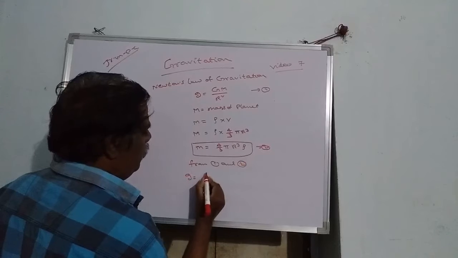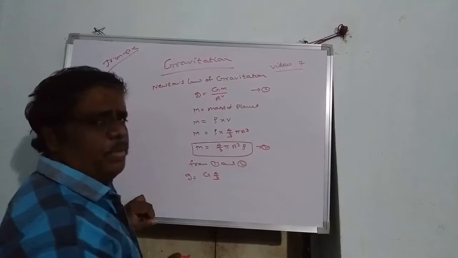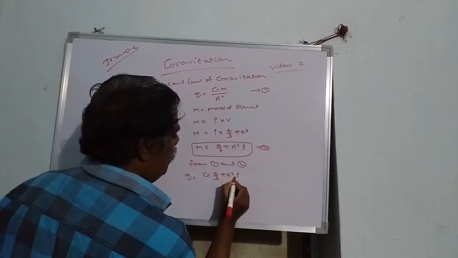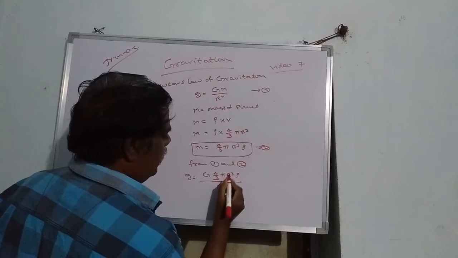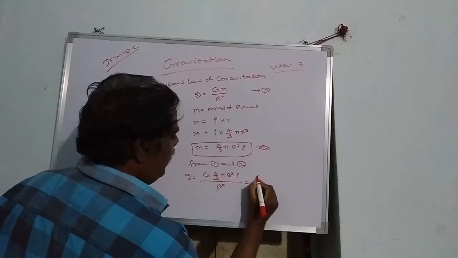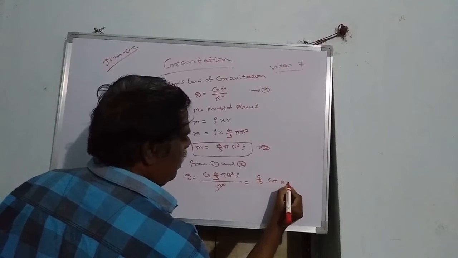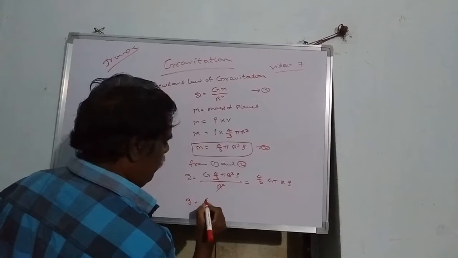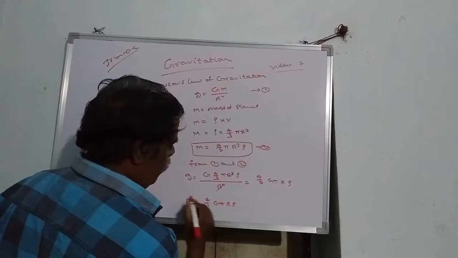g is equal to G, and instead of M, we substitute the value 4 by 3 pi r cube rho, divided by r square. R square and r cube cancel, then we get 4 by 3 G pi r rho. So small g value will be equal to 4 by 3 G pi r rho.